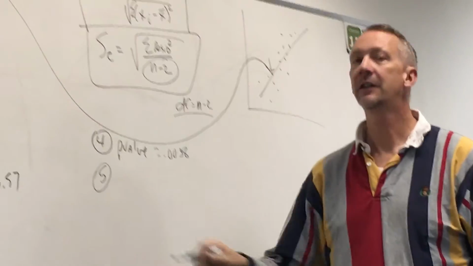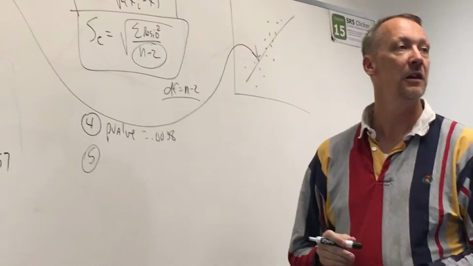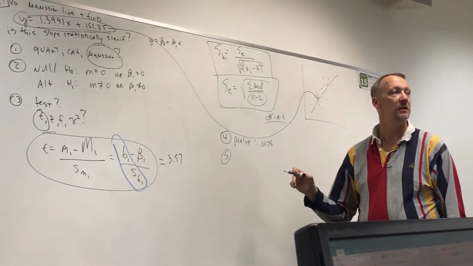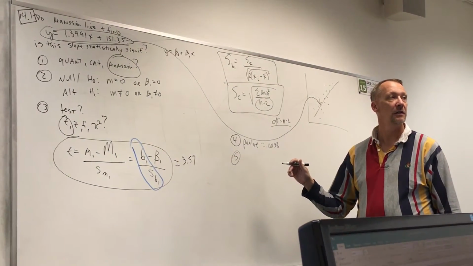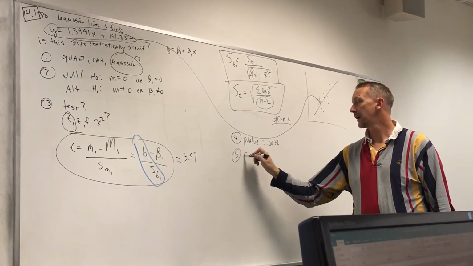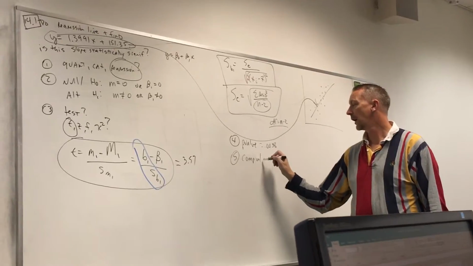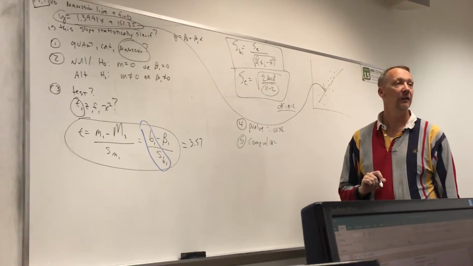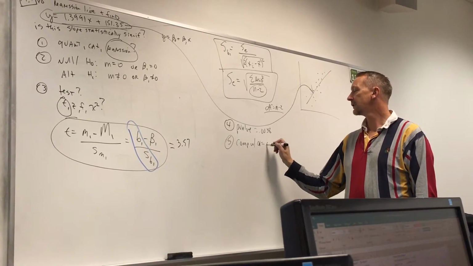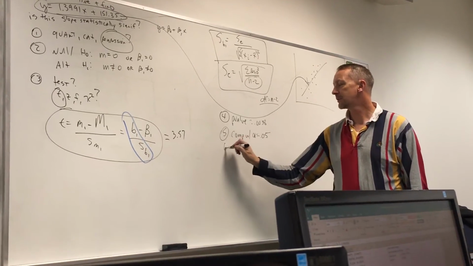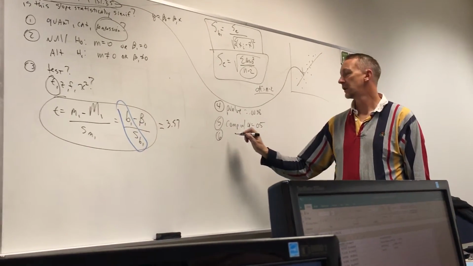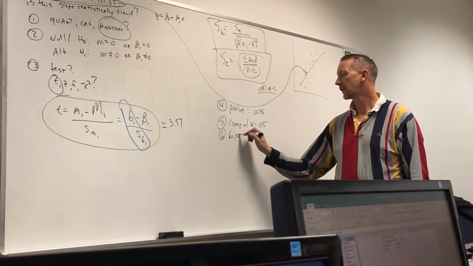Step number 5 is compare with alpha. Did I give you an alpha? No. Didn't give it, so 0.05, and step 6 says reject the H0. Reject.